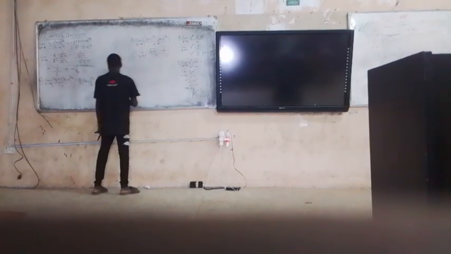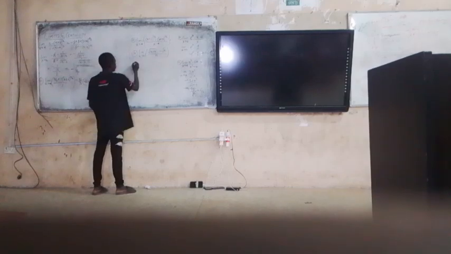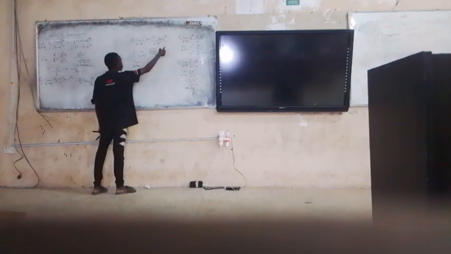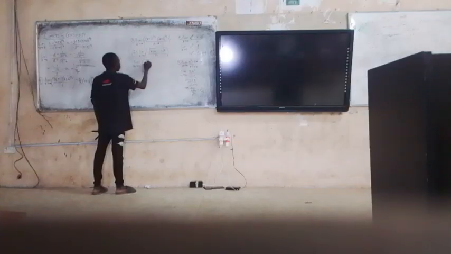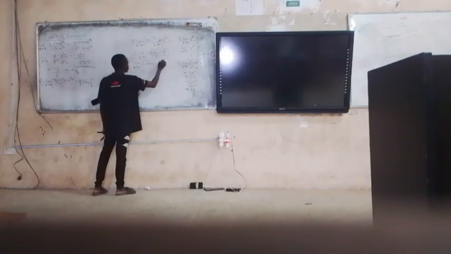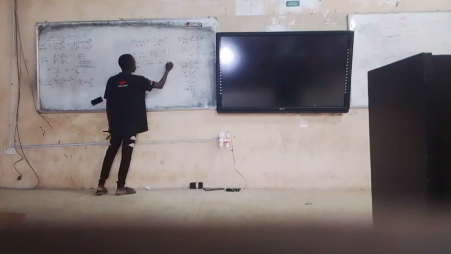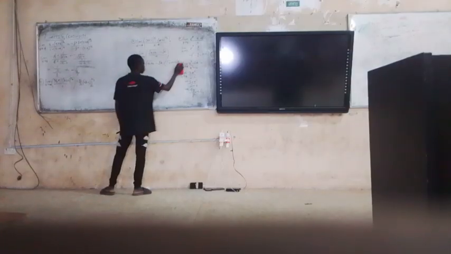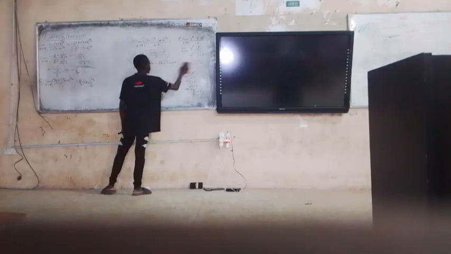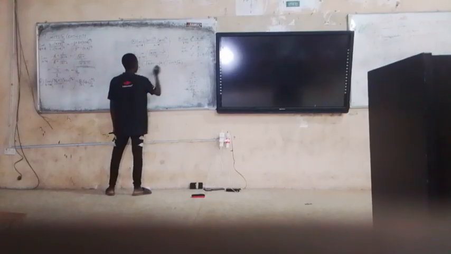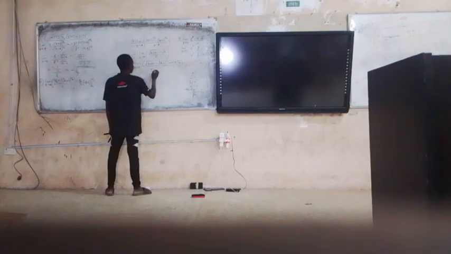X plus h minus square root of x, over square root of x plus h plus square root of x. Then if you observe, the numerator limits depend on two squares.